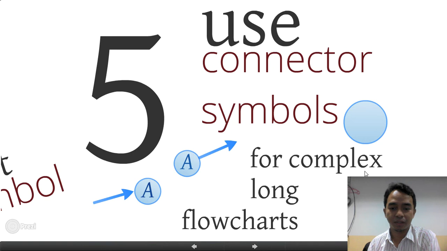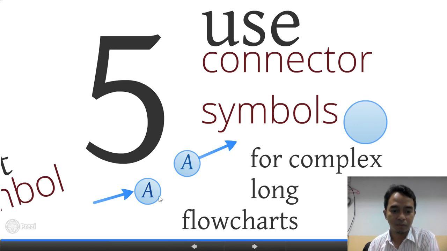The fifth guideline is if the flowchart is too complex or too long, we have to use connectors, and this is how we use a connector. If, for example, our flowchart is too big or too long and we have to use 2 pages, then we use something that looks like this.